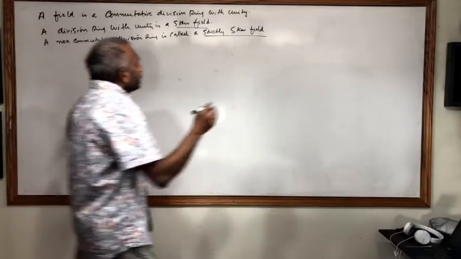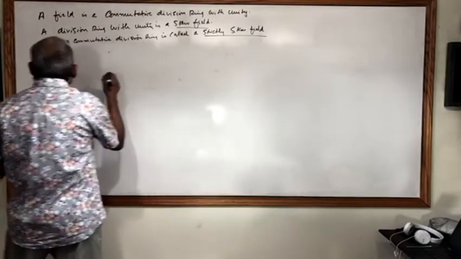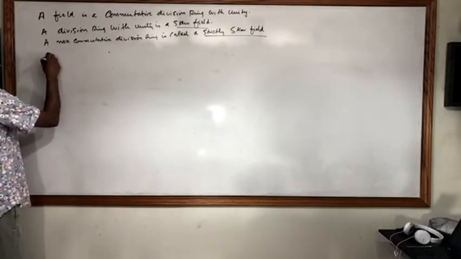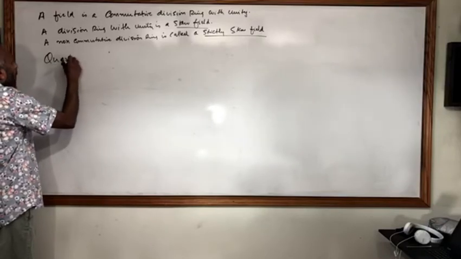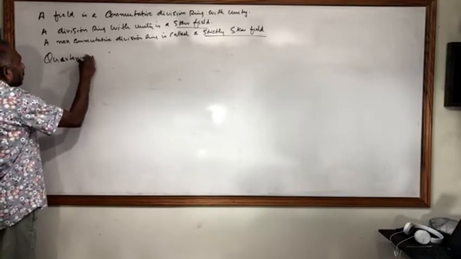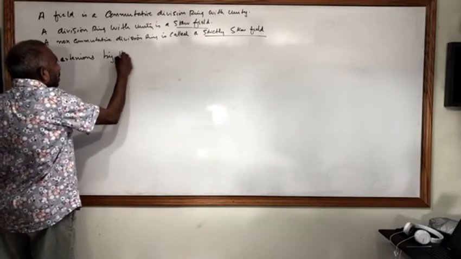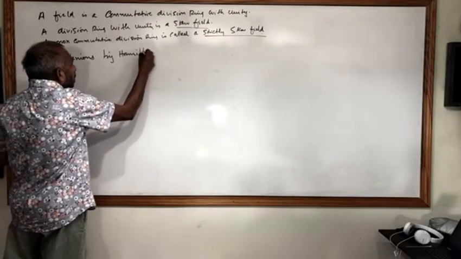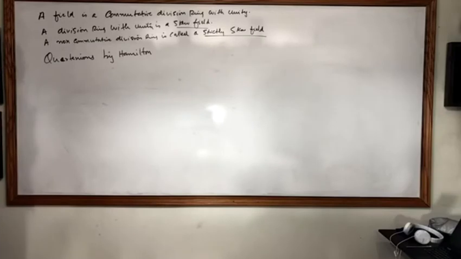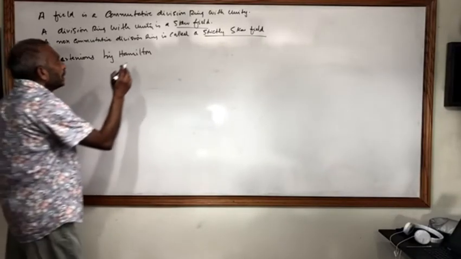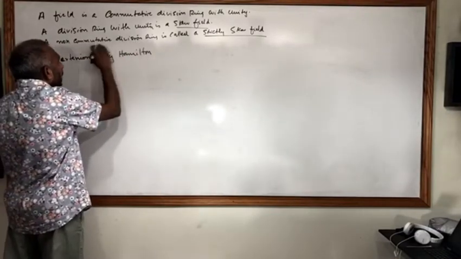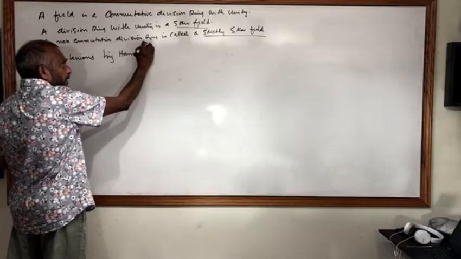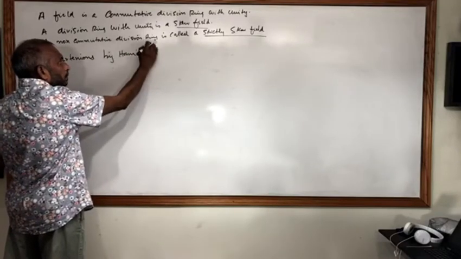And the field which you are going to give is called quaternions by Hamilton. When you want to build a field or a ring, what we need is elements and two binary operations, addition and multiplication.